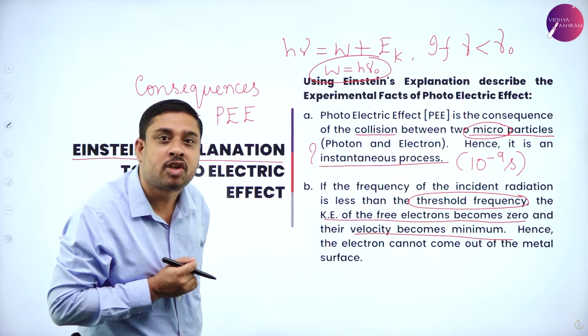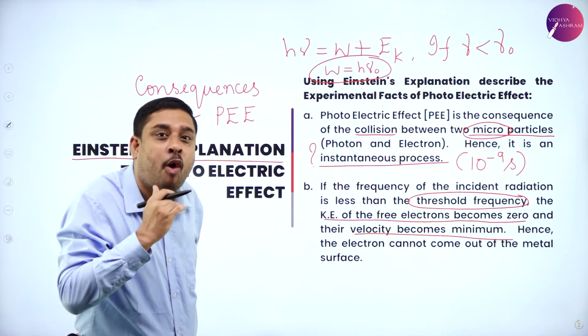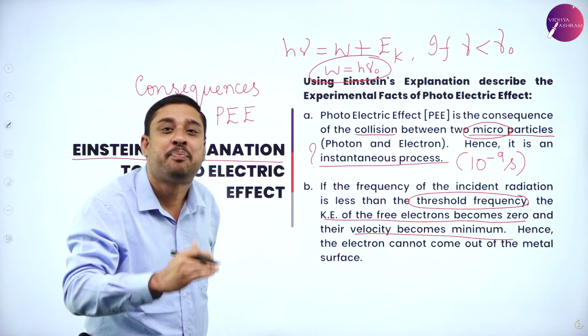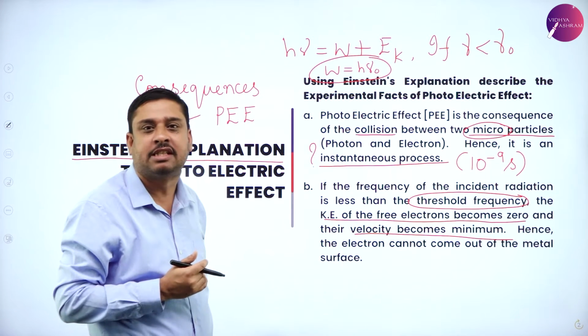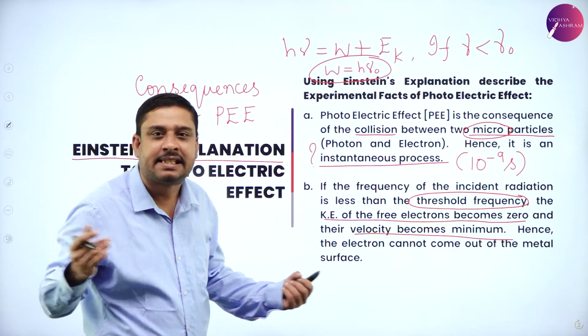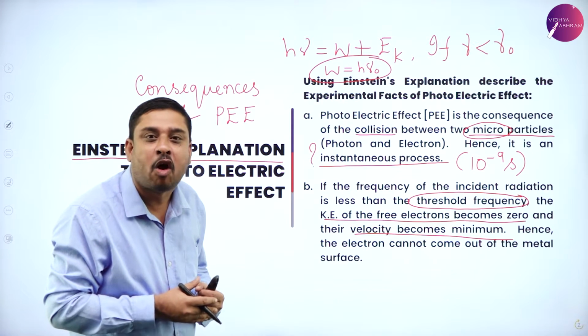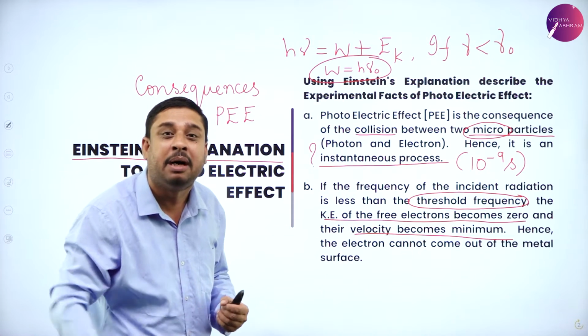So the free electron cannot overcome the work function of the metal, cannot break those barrier forces. So its kinetic energy becomes zero, velocity becomes minimum.